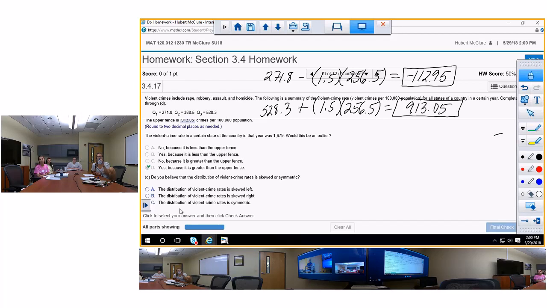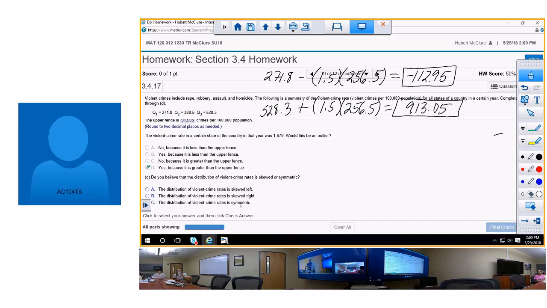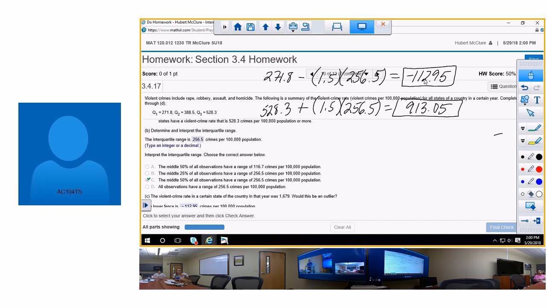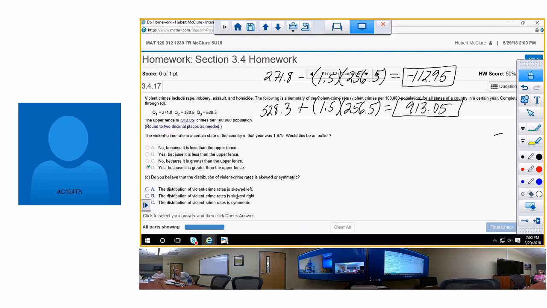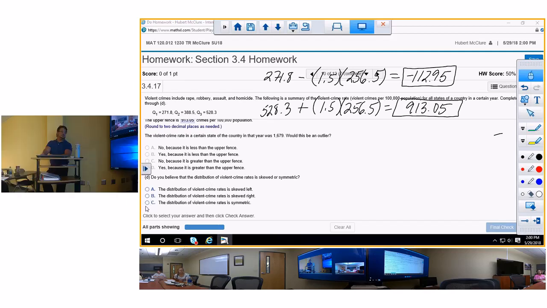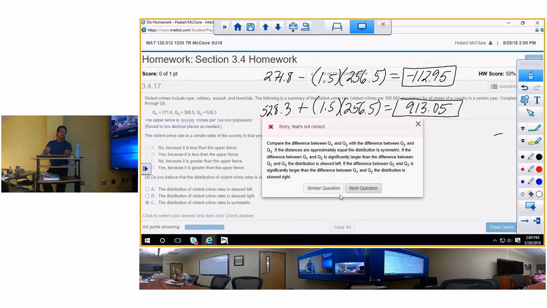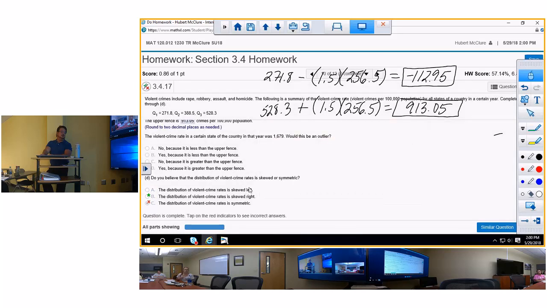I would say it's, I don't know. You have to draw these out and actually look at them, but let's just say C. I think it's C. Nope. Which one is it? It's skewed right. And I don't know how you would tell that with the information given.